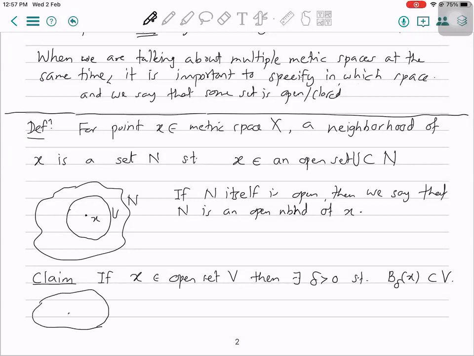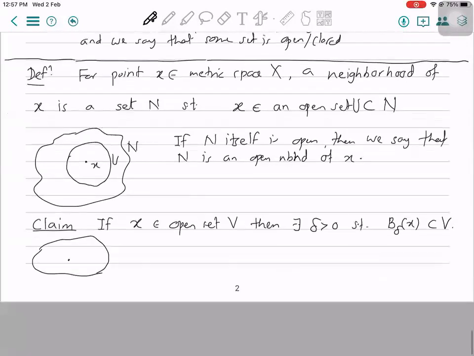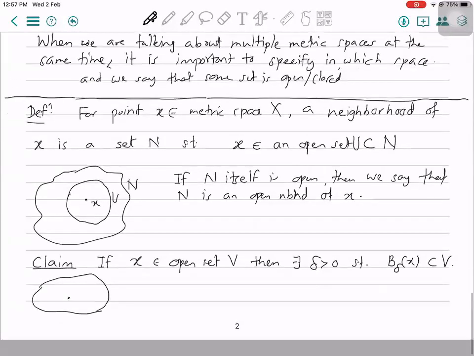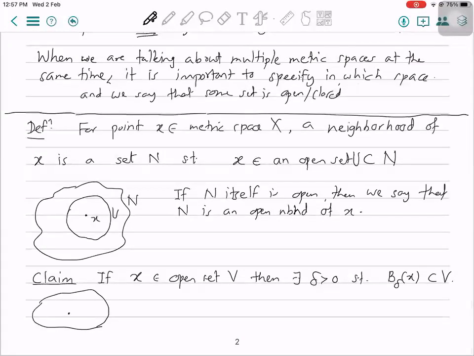And now I have a point X in here. Okay, so now I'm not really sure why I'm not getting a new page. Maybe I have to start a new document. There is a bug here, clearly.